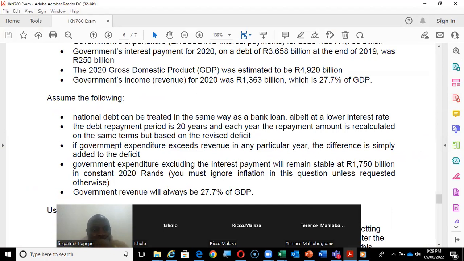We are told if government expenditure exceeds revenue in any particular year, the difference is simply what we find. Government expenditure excluding the interest payment will remain stable at 1750 billion in constant 2020 rands.